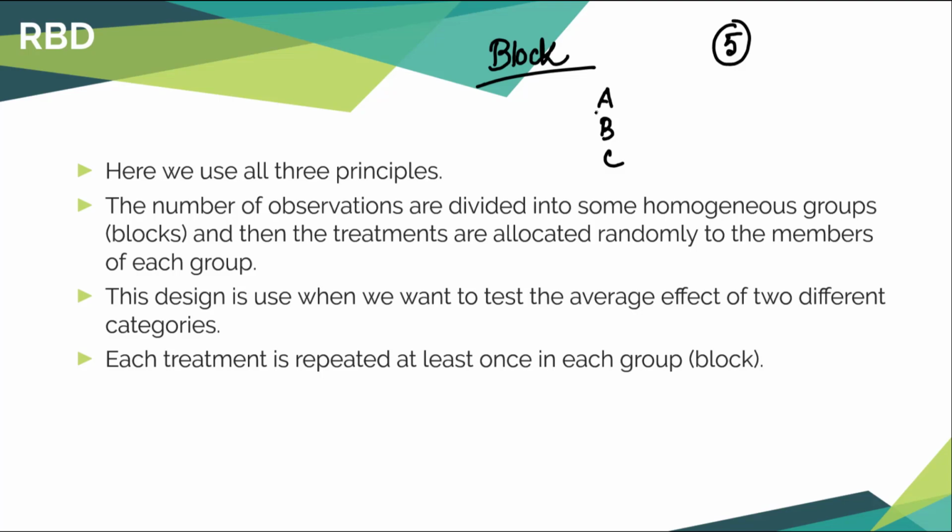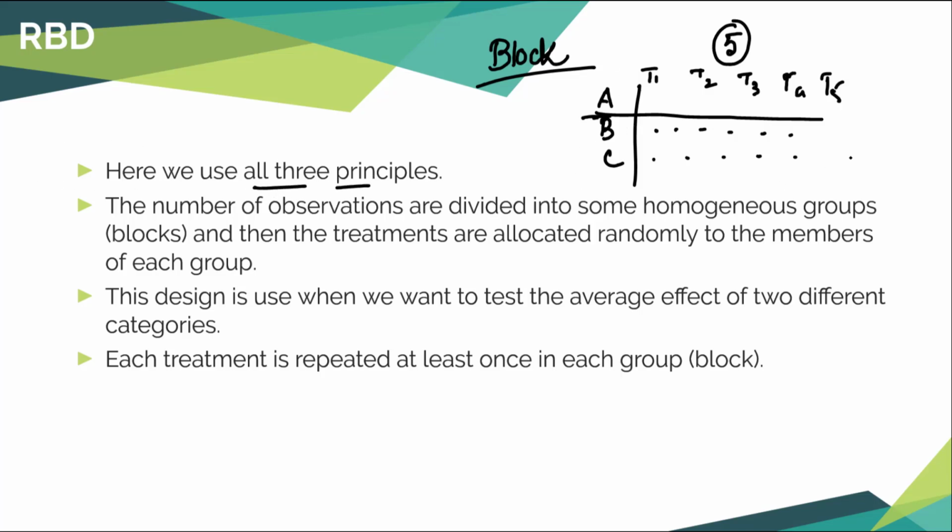So block A will have all the treatments. Let's say the treatments are T1, T2, T3, T4 and T5. Block B will also have all the 5 treatments. Similarly, block C will also have all the 5 treatments, right? So RBD uses all 3 principles because we are dividing our experimental area into homogeneous groups.